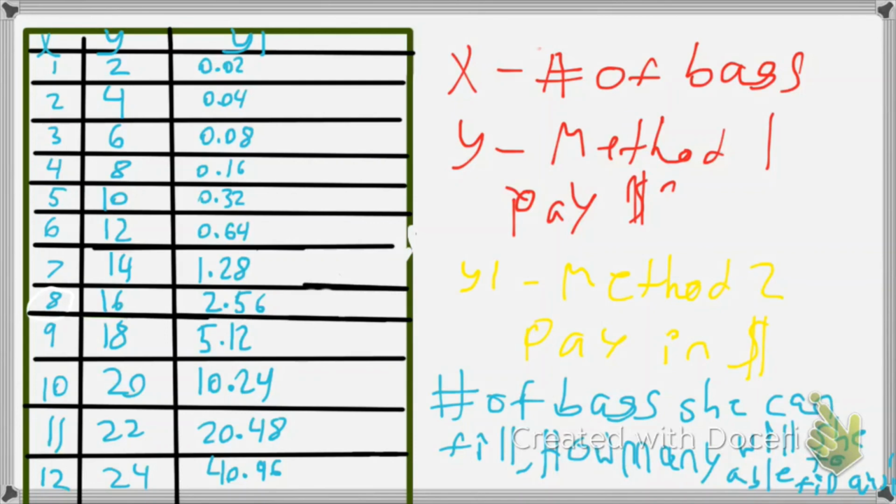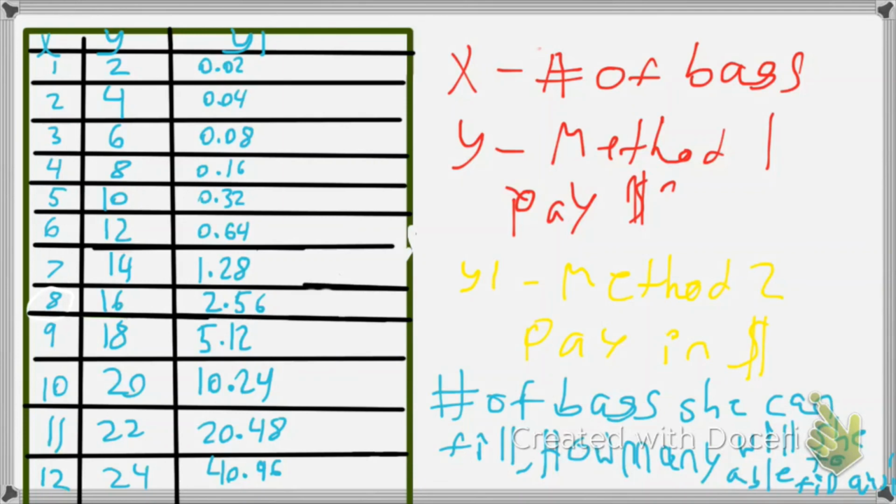Also, it didn't specify at which bag number is the best method, because overall, method 1 is better until 11 bags, but method 2 is better at 12 bags.